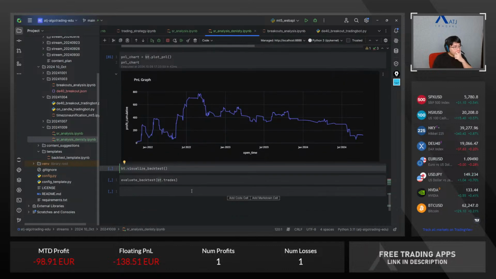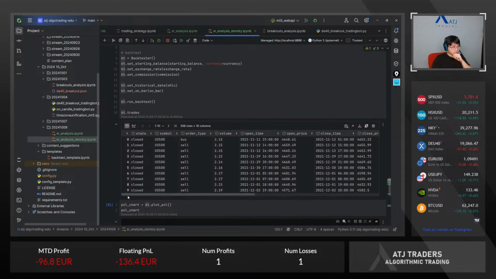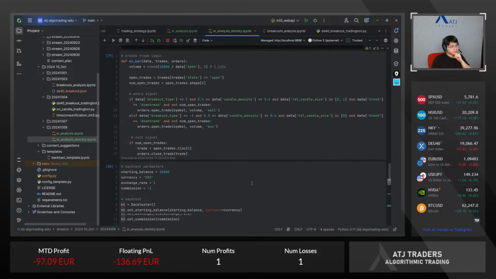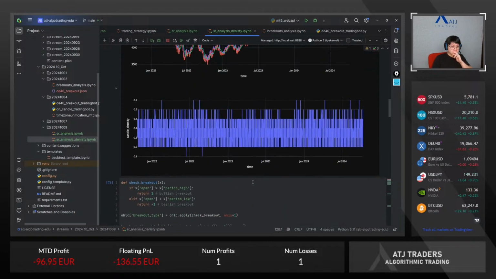Well, not much of an improvement here. Well, at least we figured out the candle density, I guess. We can leave it at that.